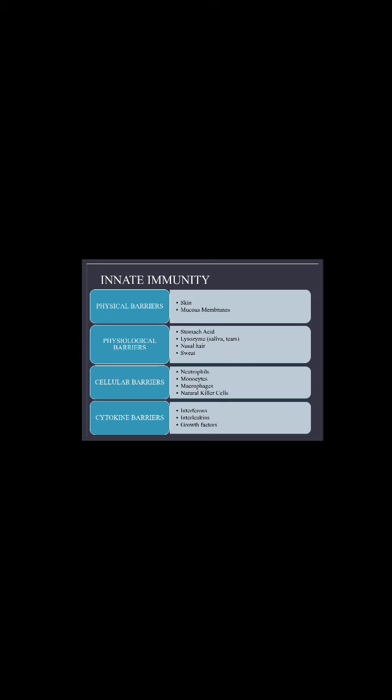But what do they do? They are highly motile and phagocytic in nature, and they are formed in the bone marrow from the stem cells. They form about 40 to 75% of the blood leukocytes. So neutrophils are the most abundant leukocytes.